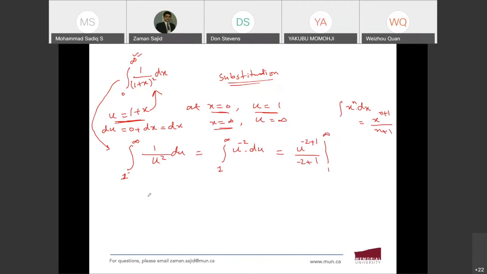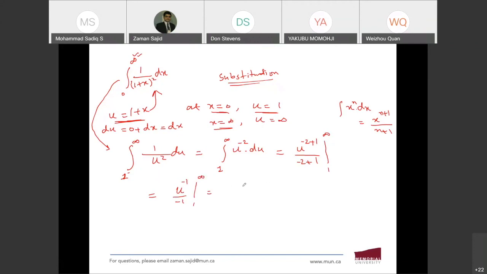Now we solve it. This is u to the power minus 2. Minus 2 plus 1 gives you u to the power minus 1, and this will be divided by minus 1, with limits from 1 to infinity.